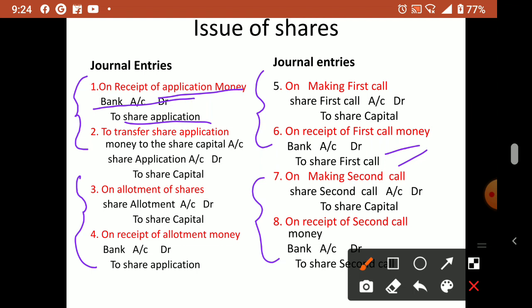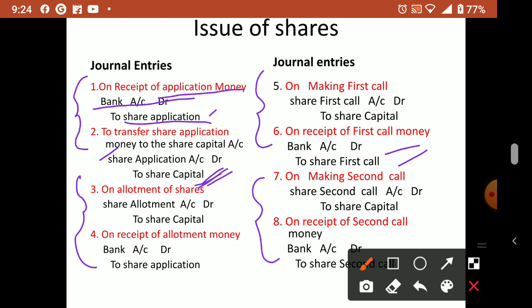This share application money is part of share capital. Company's capital we are collecting through issue of shares, so that capital is known as share capital. Now this share application money we have to transfer to the share capital account: Share application account debtor to share capital.